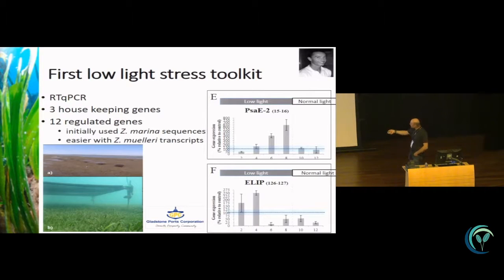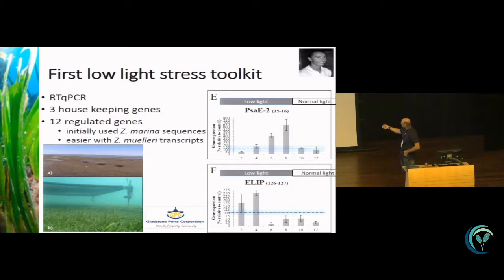So what we're doing here, this is what the JCU crowd did. They put out frames on the seagrass meadows, and we tracked the change in light. Now, I'm only presenting 2 of the gene sequences that we identified as being responsive to this trigger of going from growth in normal light to low light and then back.